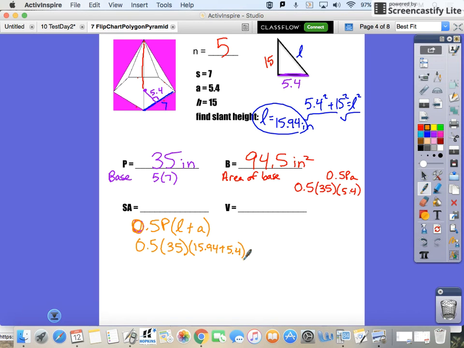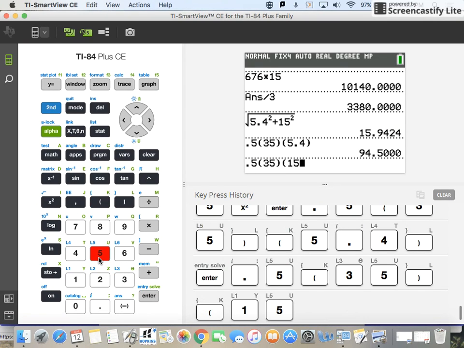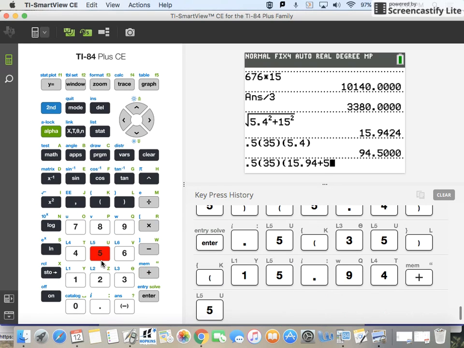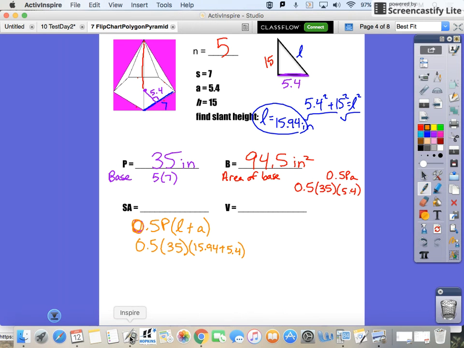All right, let's see if I can remember this. 0.5 times 35 times 15.94 plus 5.4, 373.45. And again, we have area, so it's inches squared.